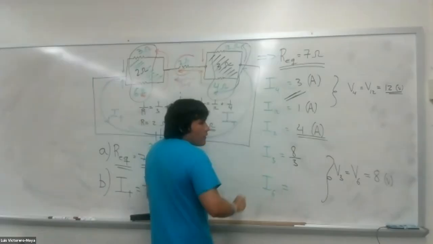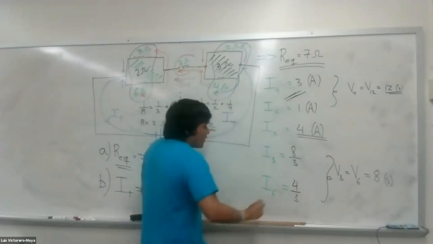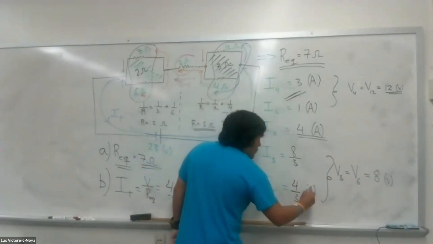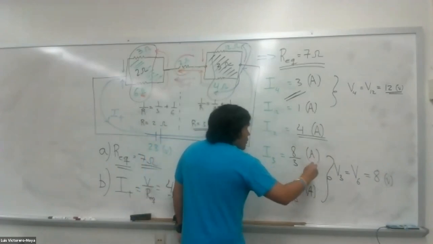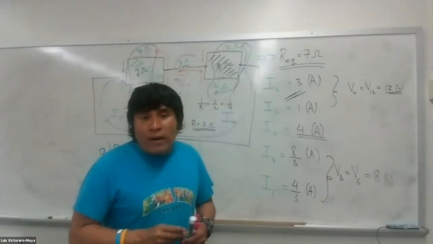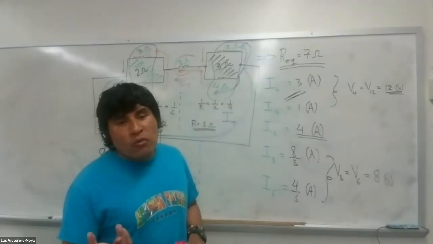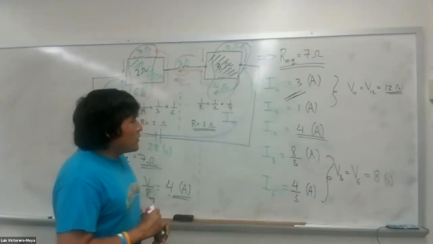What's the current on 6? 8 divided by 6, which is 4 over 3. Those are fractions. 4 over 3 plus 8 over 3 is 12 over 3. How much is 12 over 3? 4 amperes. So that's how you do it.